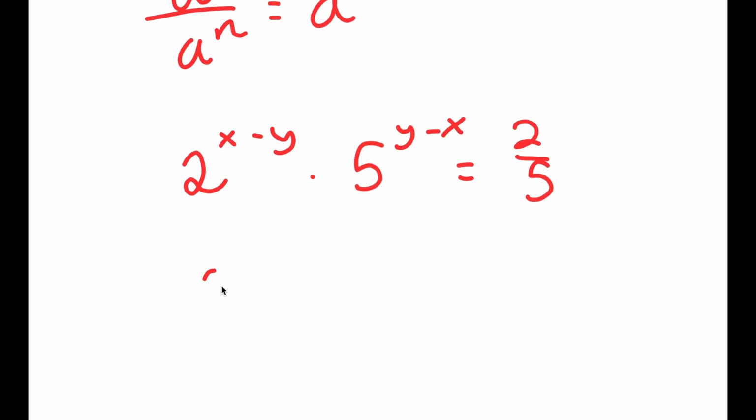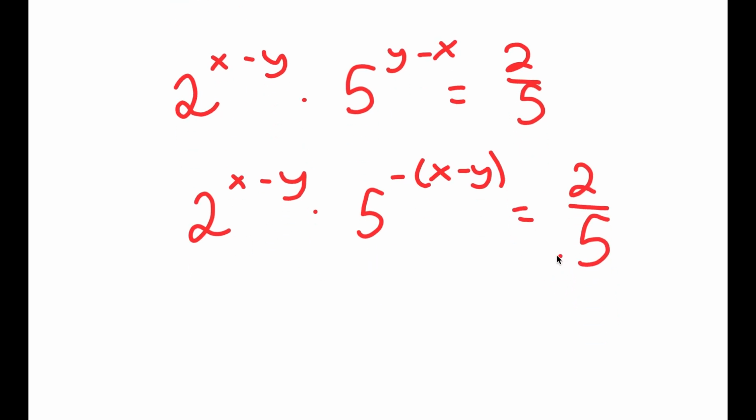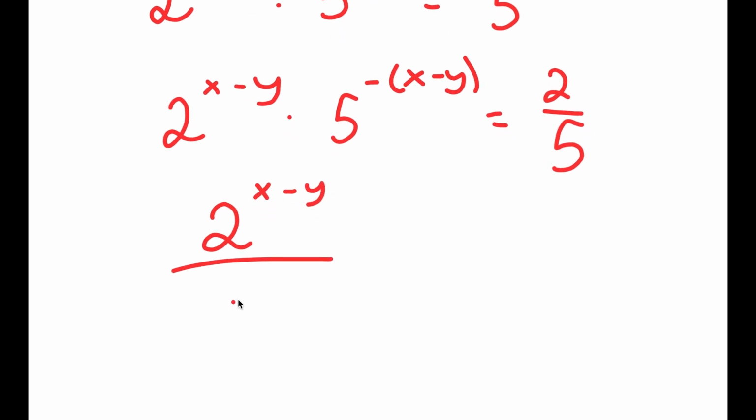Now from here, I can rewrite this as 2 to the power of x minus y times 5 to the power of negative x minus y is equal to 2 over 5. And this allows me to write this as 2 to the power of x minus y over 5 to the power of x minus y is equal to 2 over 5.